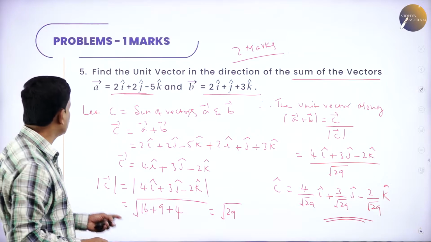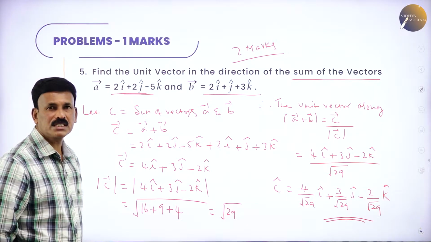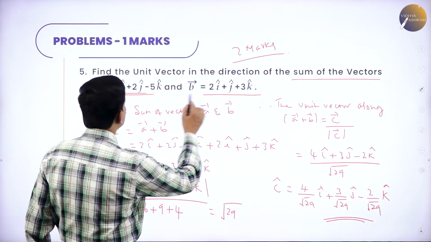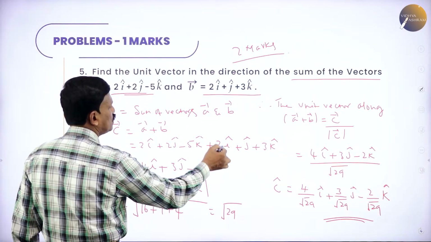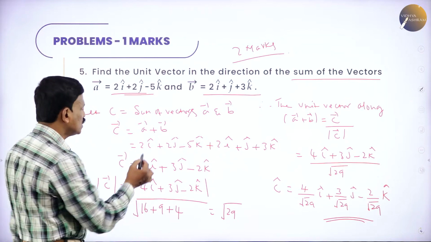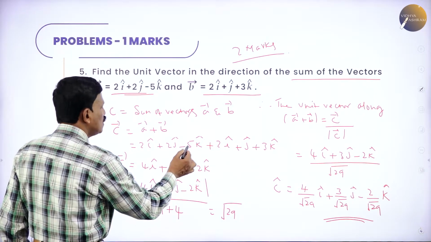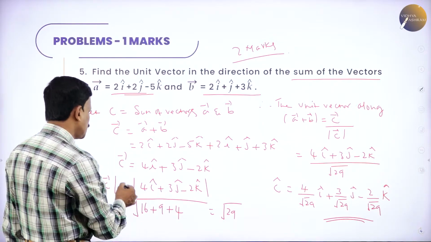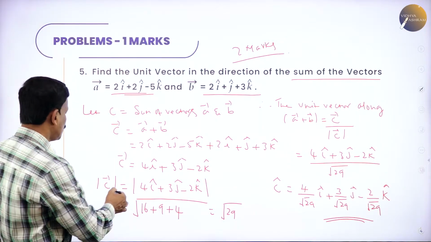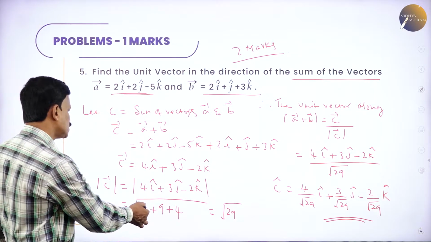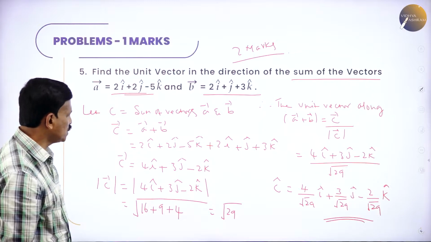Let us consider C is equal to the sum of the vectors A plus B. So add this: 2i plus 2j minus 5k plus 2i plus j plus 3k, addition of vectors. So 2i plus 2i is 4i, 2j plus j is 3j, minus 5 plus 3 is minus 2k, and the length of this, the magnitude of C, is equal to the magnitude of 4i plus 3j minus 2k, which is 16 plus 9 plus 4, root 29.